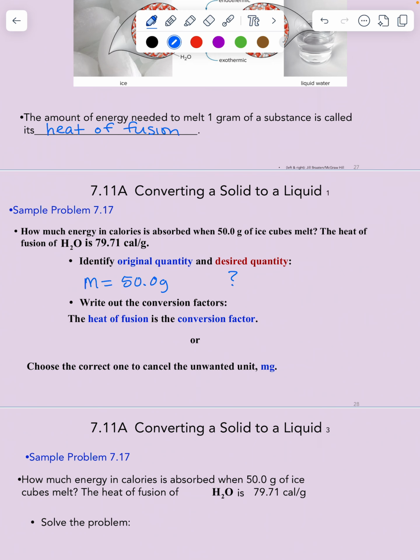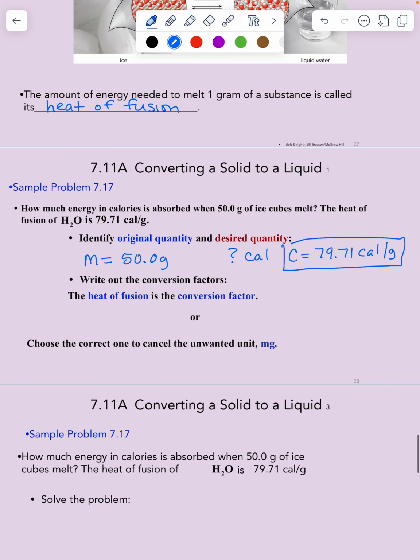So we can use this as our conversion factor. If you remember, we can always write 2 different conversion factors for every equivalent. We have 1 gram on top and 79.71 calories on the bottom, or we can flip that and put 79.71 calories on top and 1 gram on the bottom.